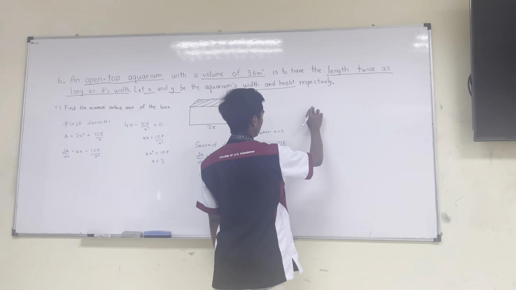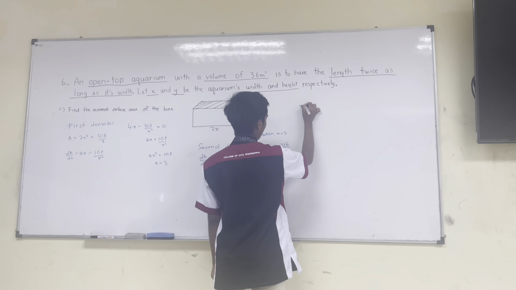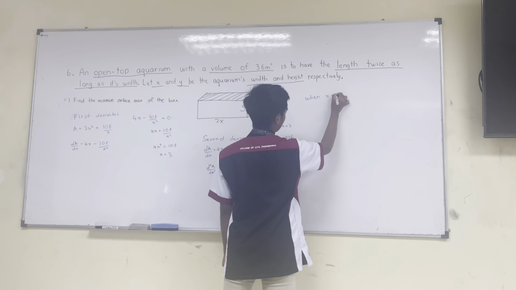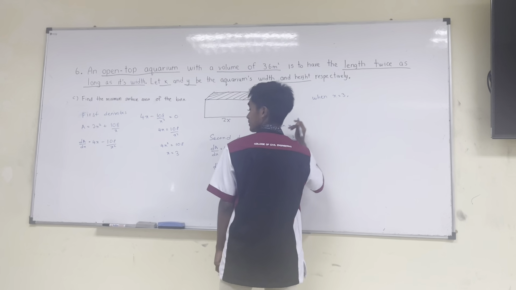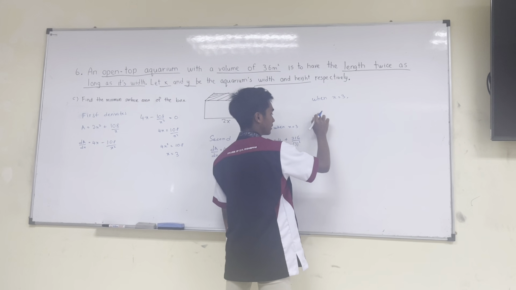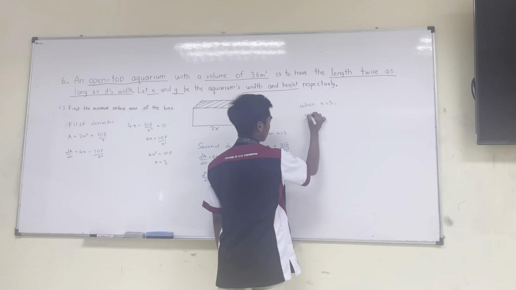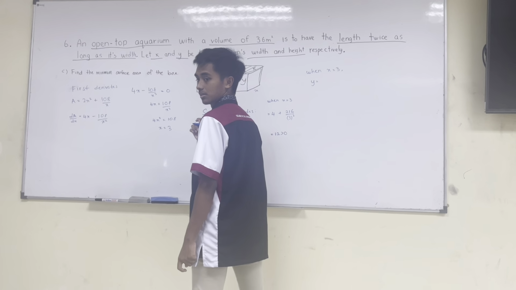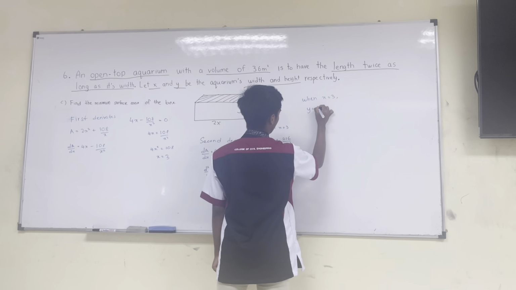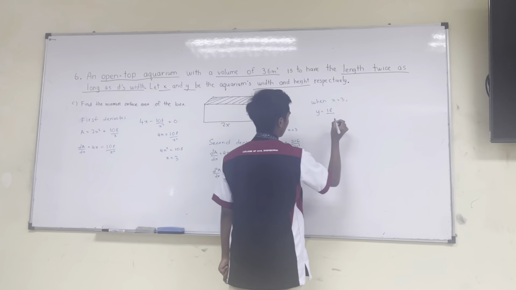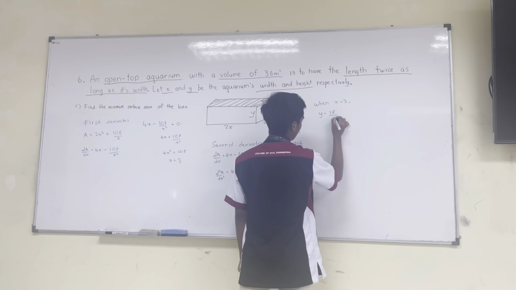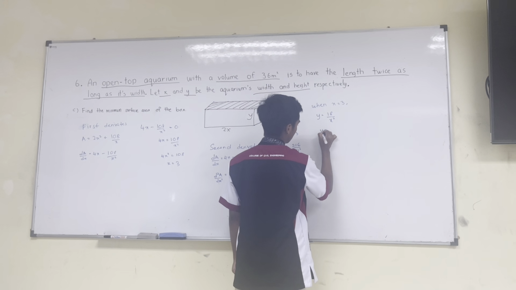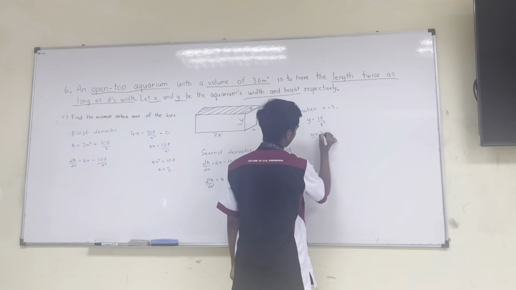To find the value of y, we use x equals 3. We use the equation for y we got before, y equals 36 over 2x squared, and the answer is y equals 2.